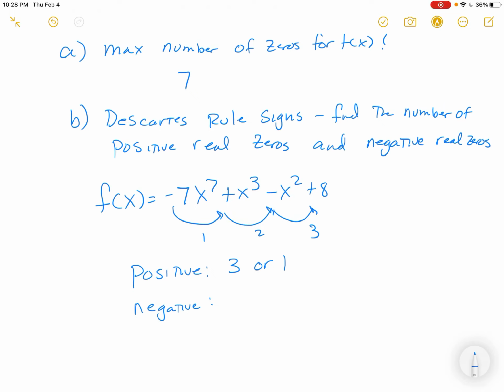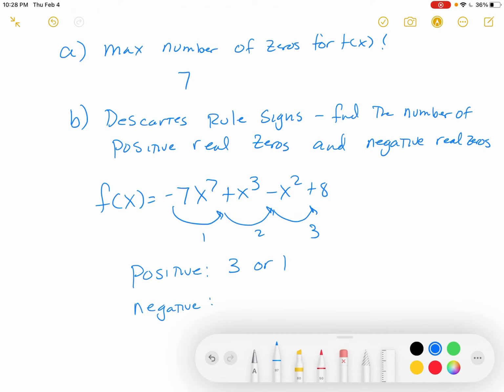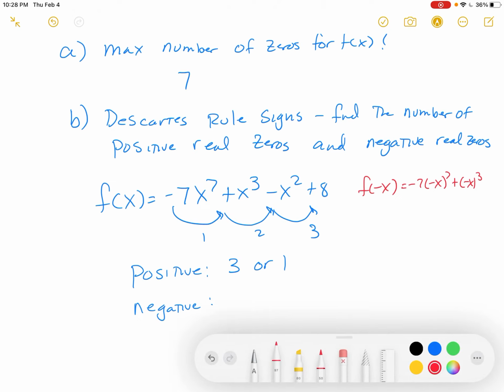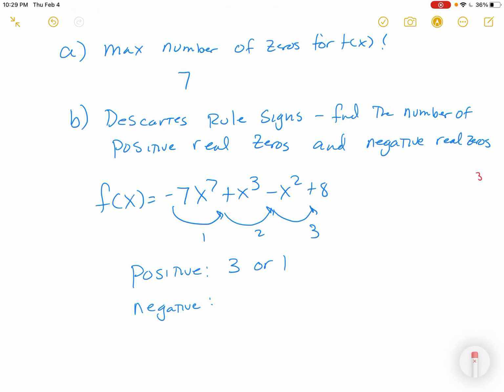Well, what are we going to have to do for the negative? We're going to have to look at f of negative x. Let's look at that. I'll go below.